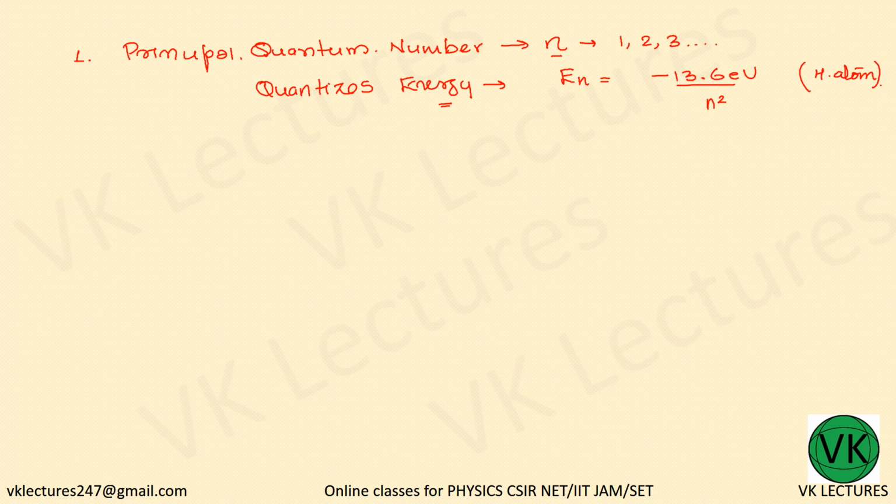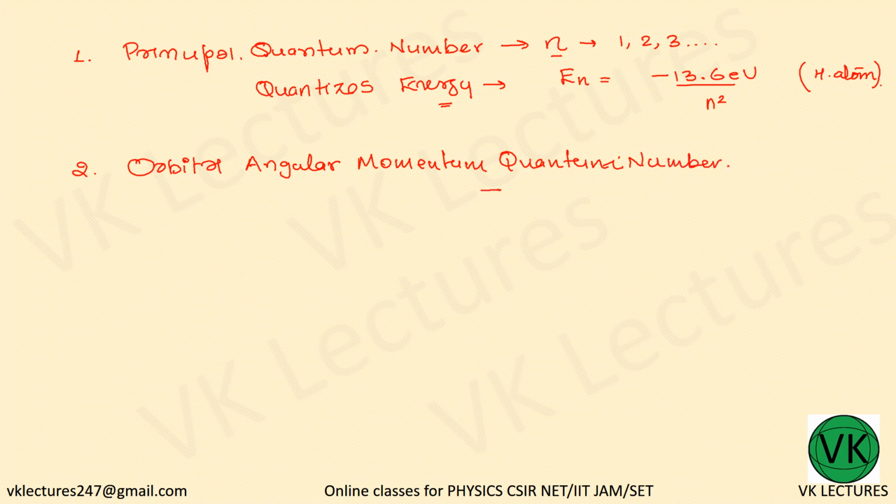And the second quantum number is the orbital angular momentum quantum number, and another name is azimuthal quantum number.